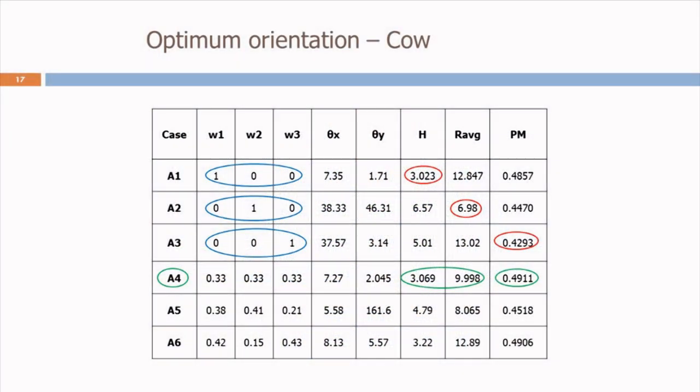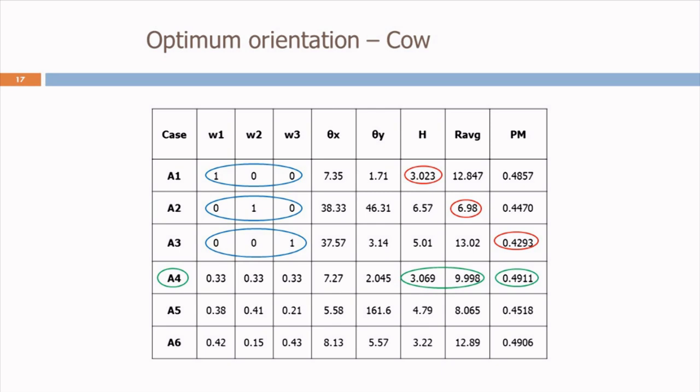I will show you two typical results which have been obtained. Say the cow, one of the complex components. Look at the three blue circles. They show that if you give 100% weightage to those criteria, 100, 010, 001, the three performance parameters for build height, stair-step error and percentage utilization come out in a diagonal way, which are the minimum achievable values.